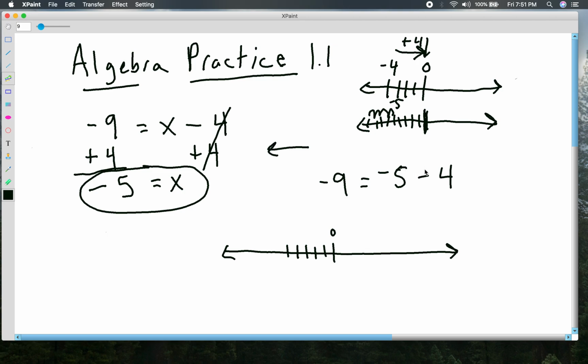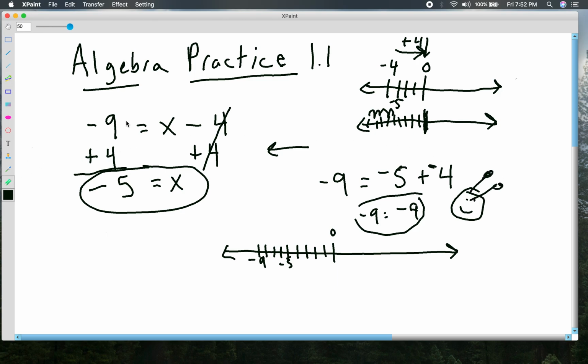But when it comes to negative numbers, a negative 5 minus 4 is the same as adding a negative 4. So if I'm at negative 5 here, I have to add a negative 4. 1, 2, 3, 4. And that takes me to negative 9. Negative 9 equals negative 9. Love it.